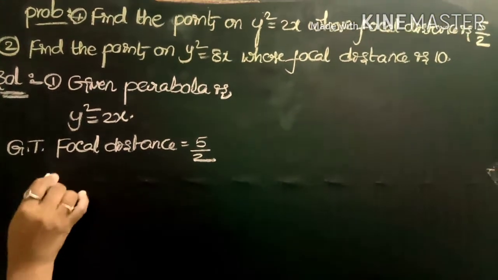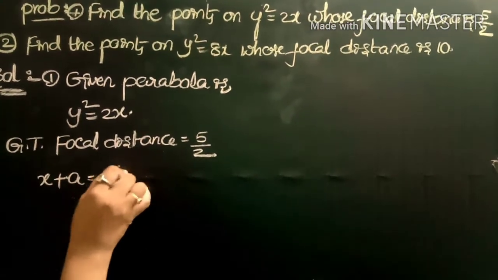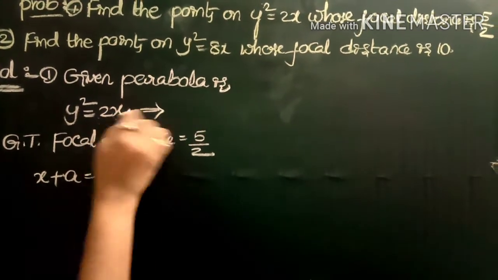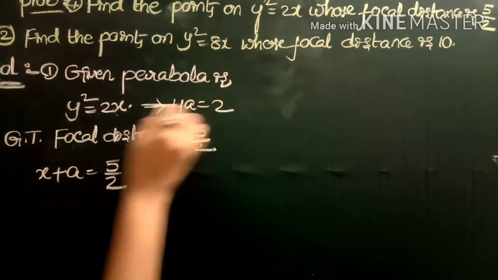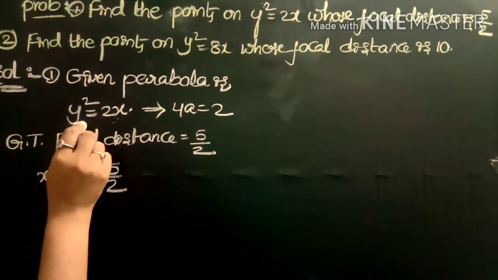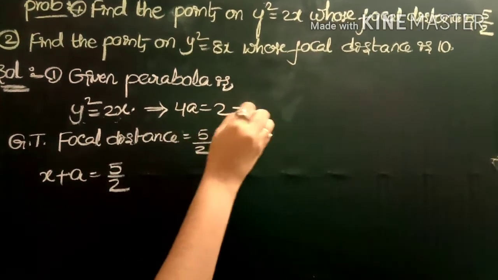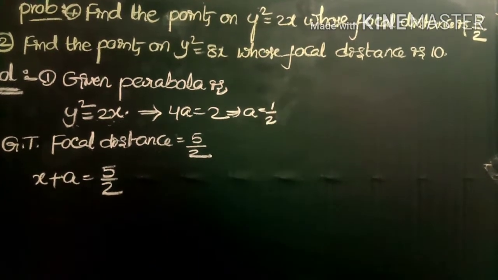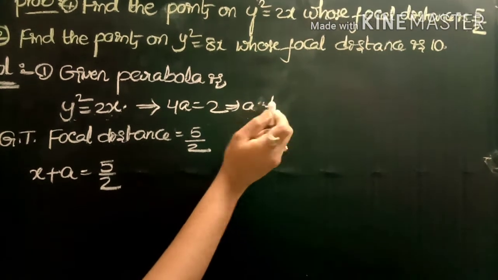So focal distance formula is x plus a. So x plus a is equal to 5 by 2. What is the a value here? When we compare this equation with y square is equal to 4ax, then we get 4a is equal to 2. Then the value of a is equal to 2 by 4, that is 1 by 2.